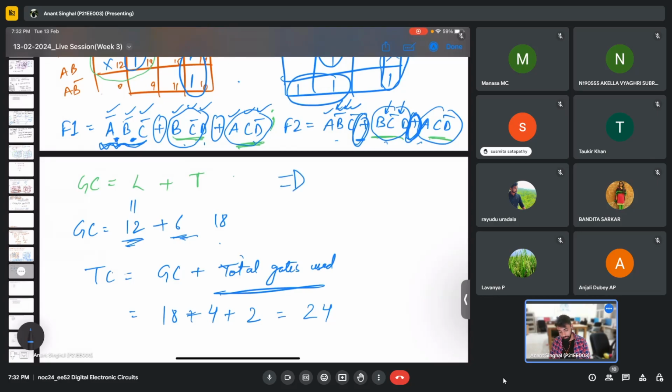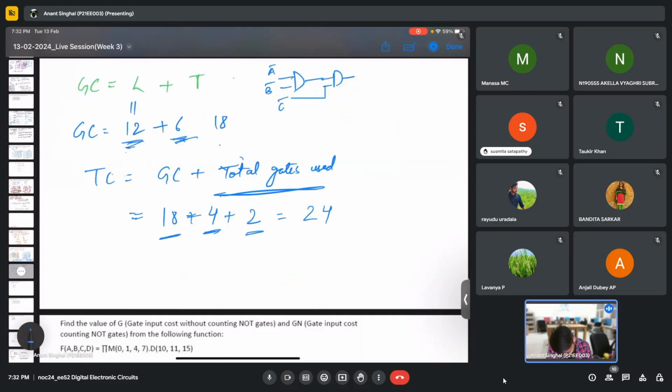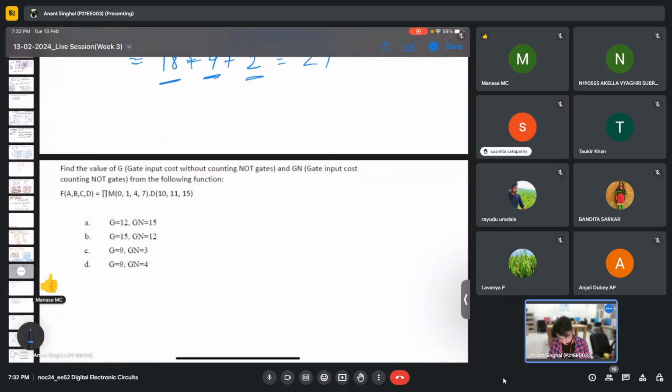Basically, this is A complement, B complement, and this is getting C complement. So that is why 2 and 4 OR. And this is the gate cost, which was 12 plus 6. You will get the idea.